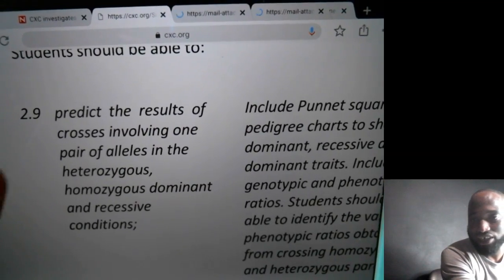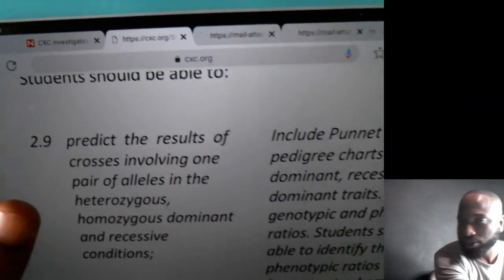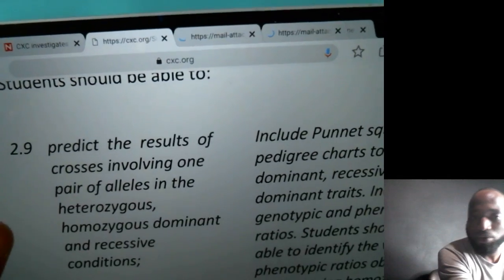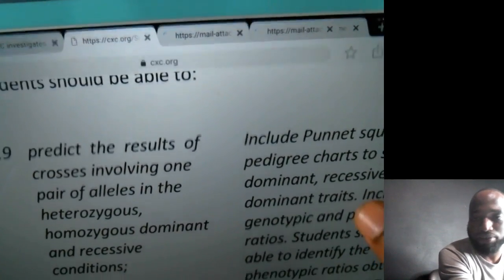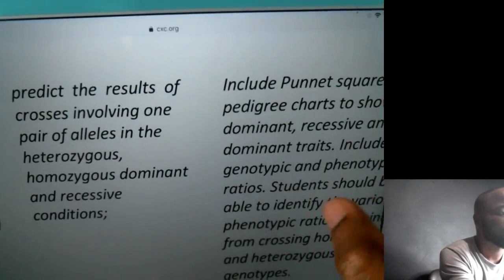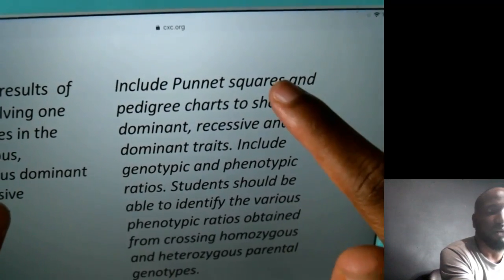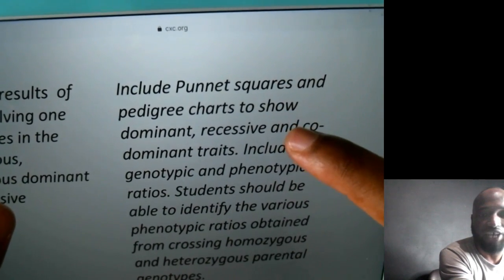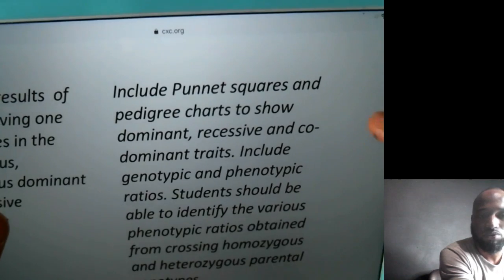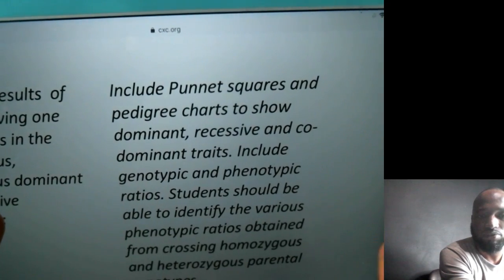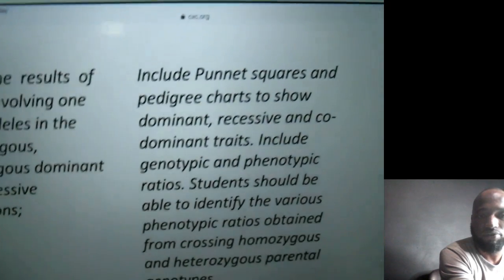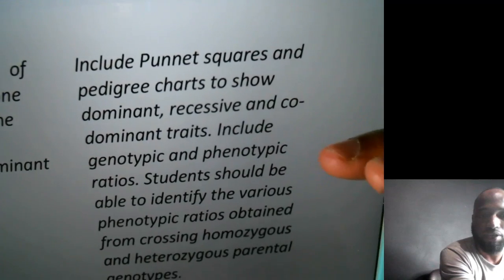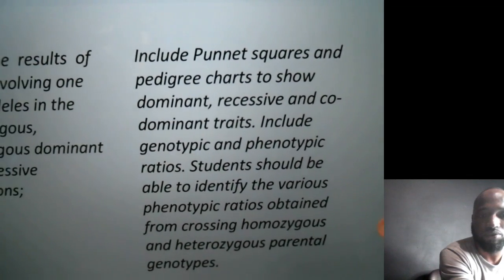What does heterozygous mean? What does homozygous mean? Somebody say that in the chat. And we already did the pedigree charts too. This is predominant traits in groups and phenotype ratios. Students should be able to identify the various phenotype ratios of crosses.